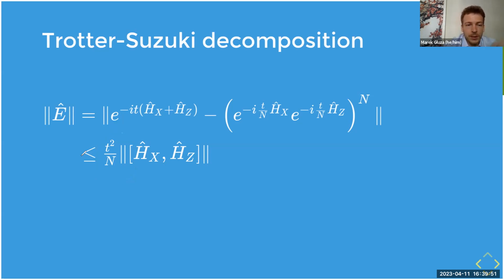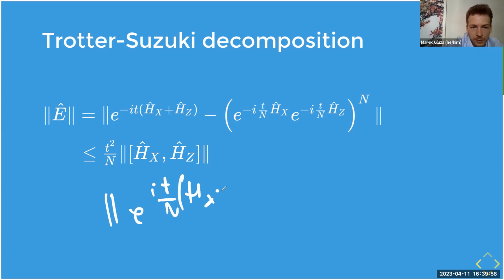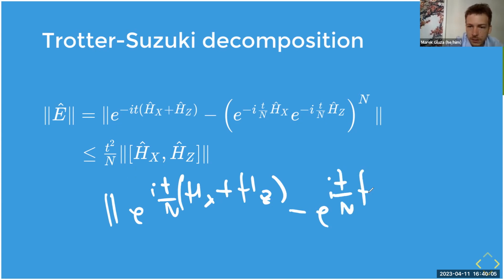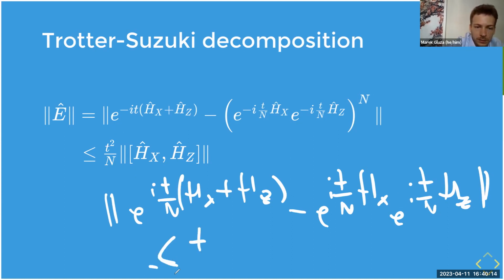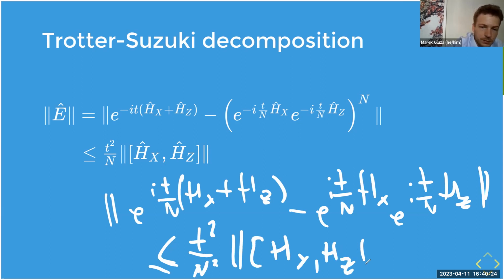So we basically derived this already, but we didn't derive that the norm of e to I t over n hx plus hz minus e to I t over n hx e to I t over n hz is smaller or equal than t squared over n squared times the commutator of hx and hz.